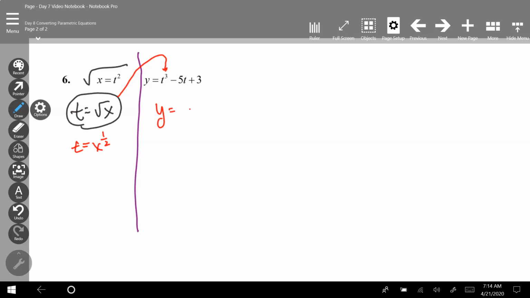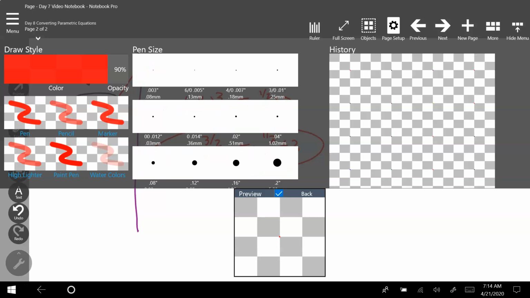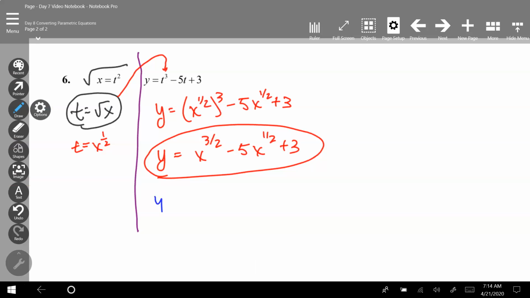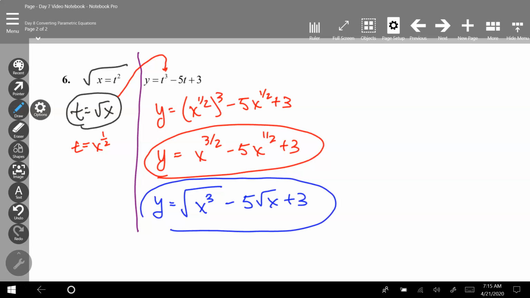So I get y equals x to the 1/2 cubed minus 5x to the 1/2 plus 3, or y equals, multiply exponents, x to the 3/2 minus 5x to the 1/2 plus 3, or if you want, y equals x the square root of x cubed minus 5 square root of x plus 3, and I don't think there's any really special name for this type of graph. It's going to be a little bit different looking.